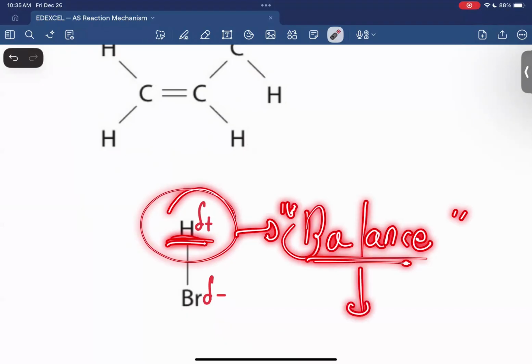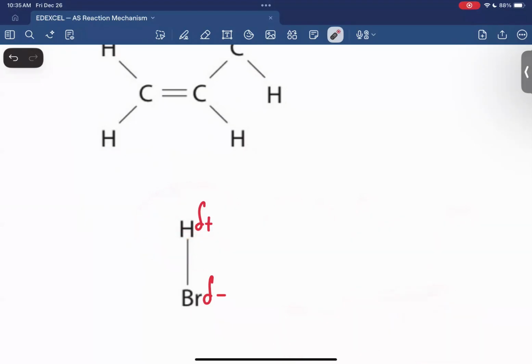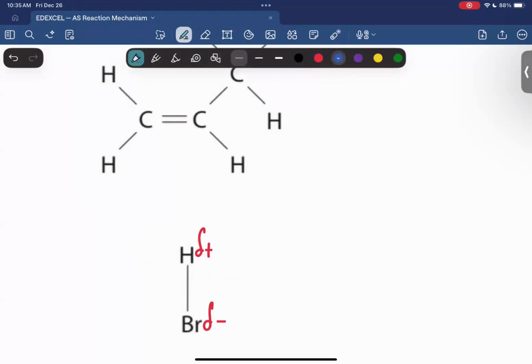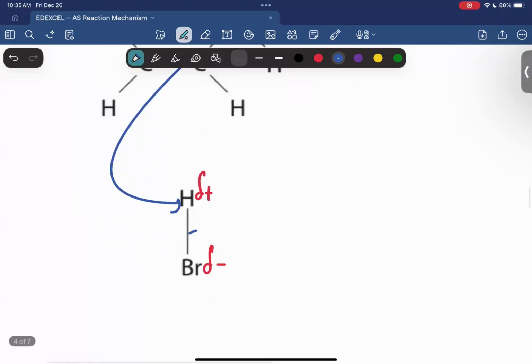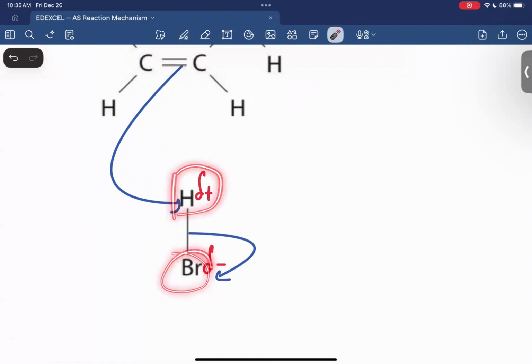By gaining something that is negative, right? Electron. So this basically is an electrophile, electron seeking, and these pi bonds are electron rich. So what basically happens over here is that this comes over here and this bond and this electron goes towards this, because the bond needs to break as it has already balanced off this electron from the electron of this pi bond.